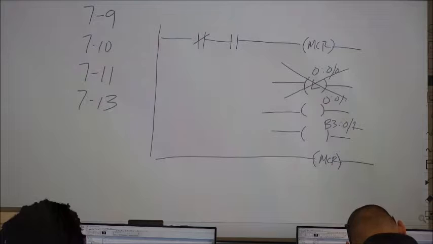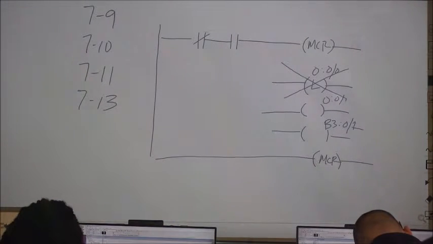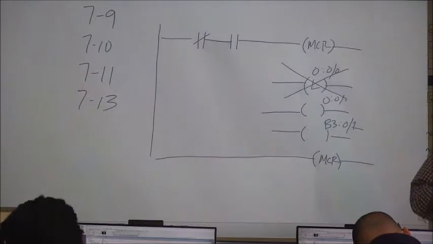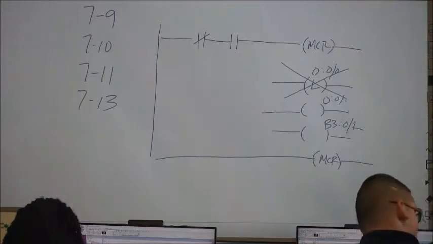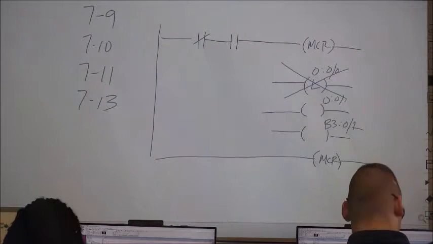So the pump turns on immediately, right? Because we're using the TOF instruction. The pump turns on immediately, and then 10 seconds later, the motor turns on. When we shut the motor down, the pump continues to run for another 15 seconds. So we're lubricating some bearings or something on this thing.